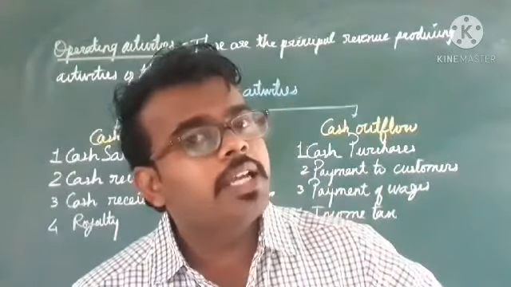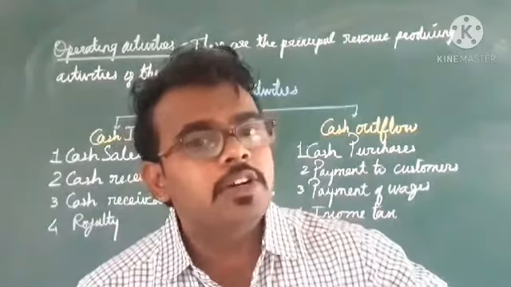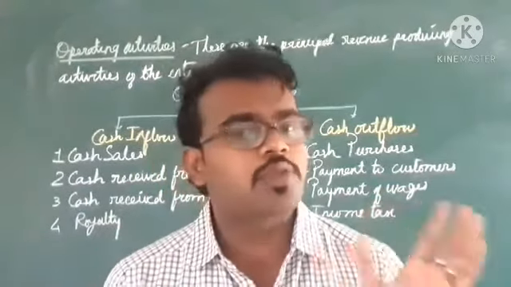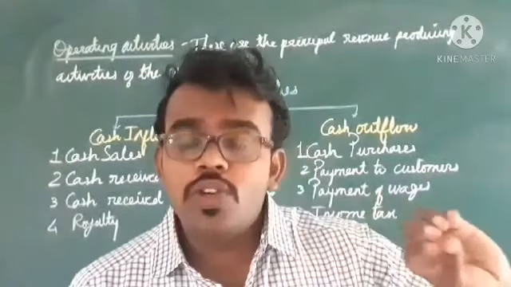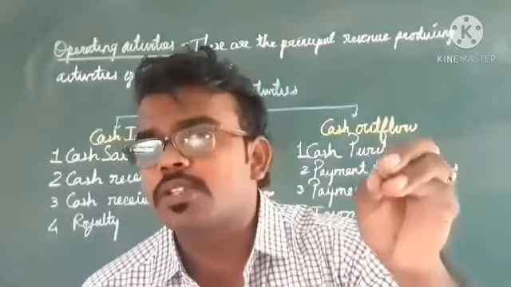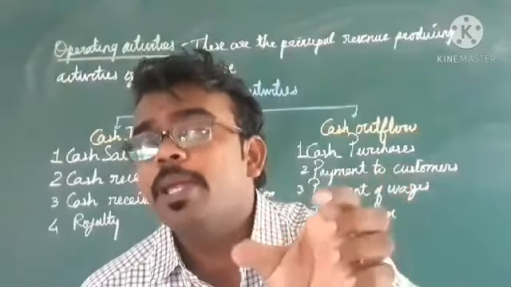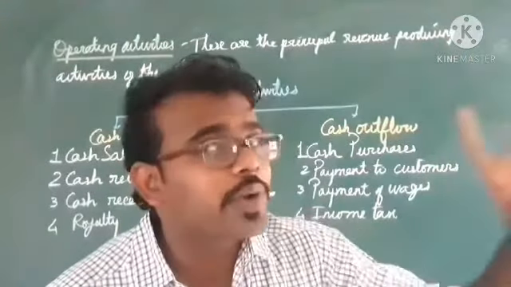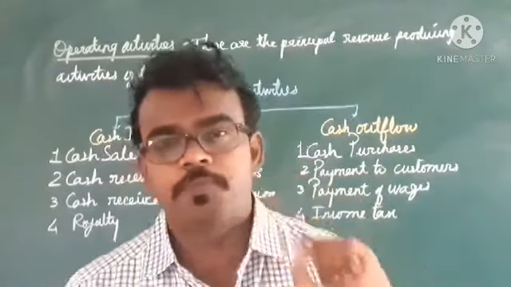You will buy 1000 pens from the Cello company. One pen costs 5 rupees, so 1000 means 5000 rupees. You are paying 5000 rupees immediately and receiving the goods, purchasing pens by paying cash. So cash is going out of the business, and it is considered a cash outflow.